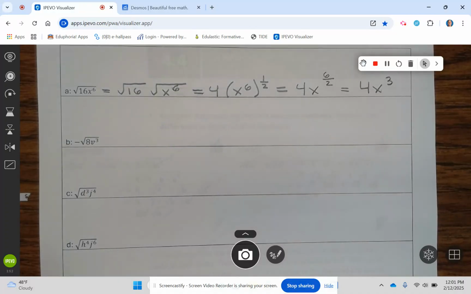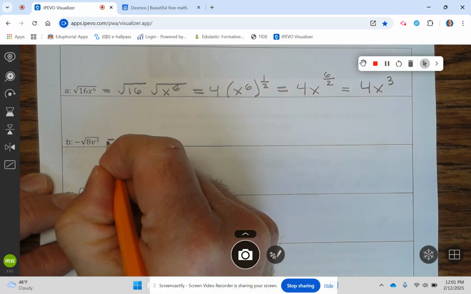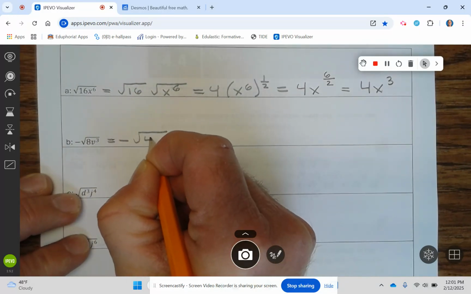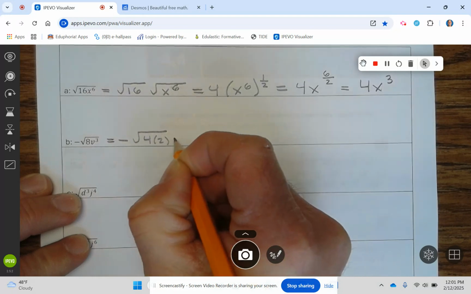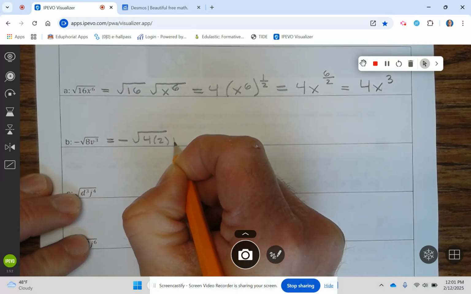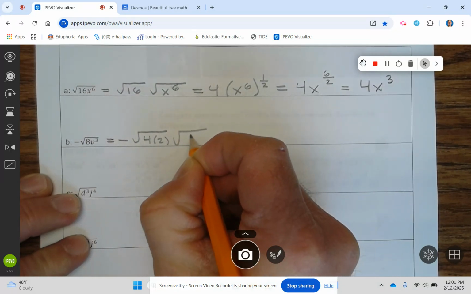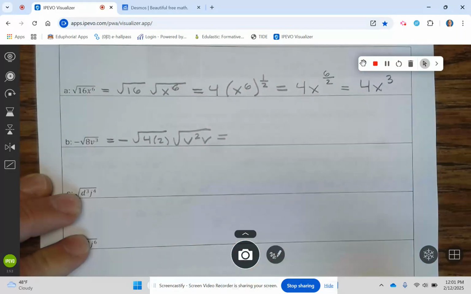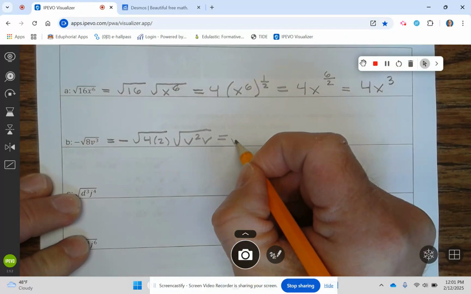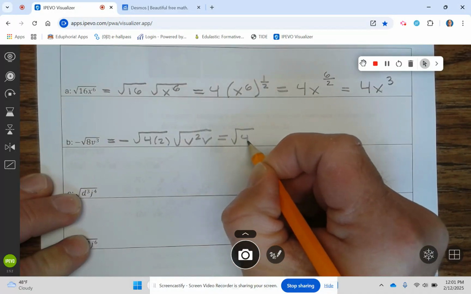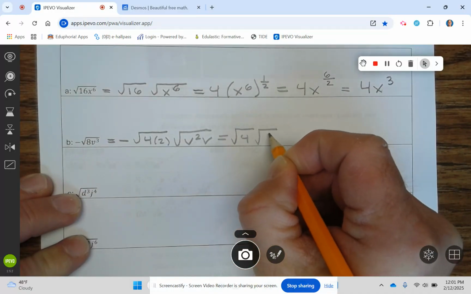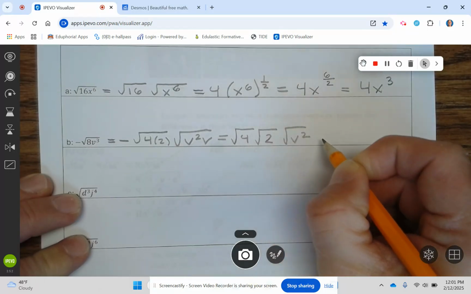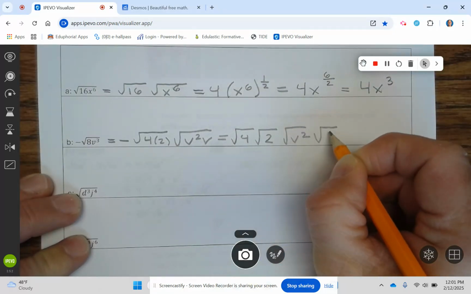Let's take a look at B. So B can be written as negative square root of 4 times 2 times the square root of v squared v, which is the square root of 4 times the square root of 2 times the square root of v squared times the square root of v.